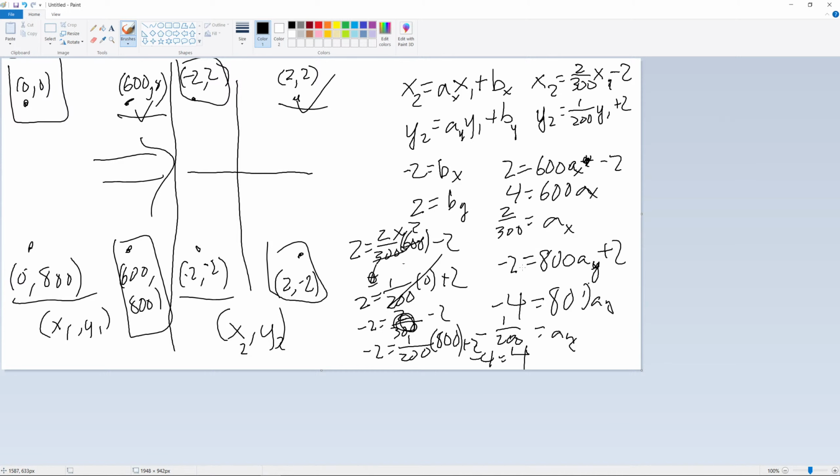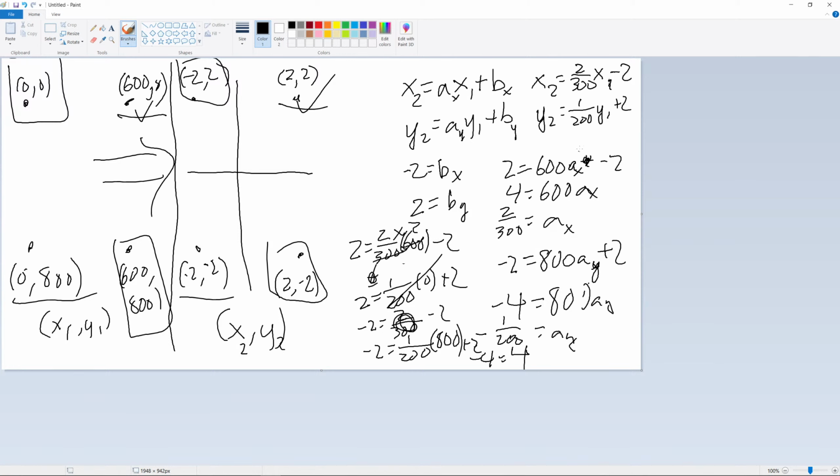Try this, ay, y2. So negative 2 equals 800a plus 2 minus 2. Okay.